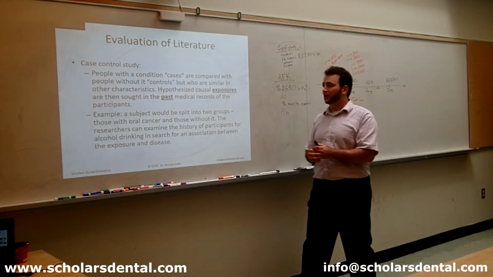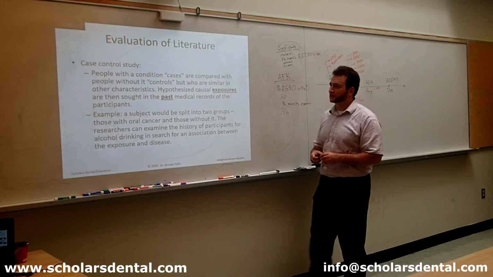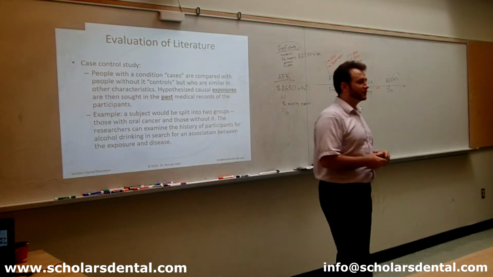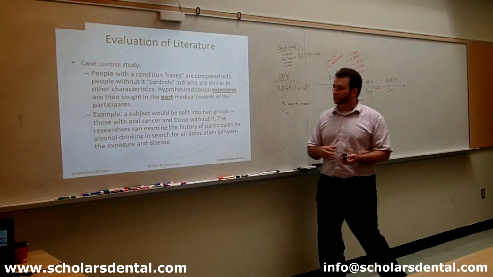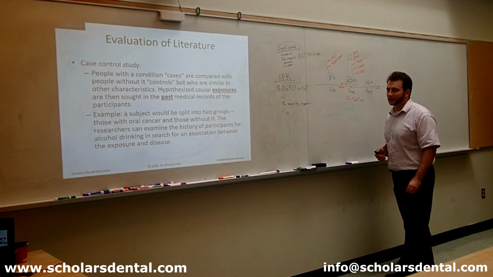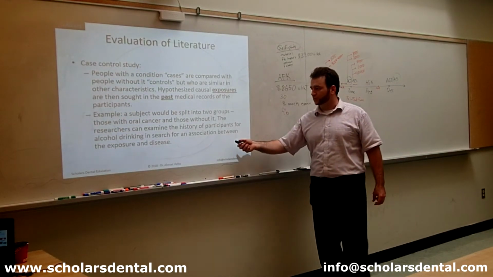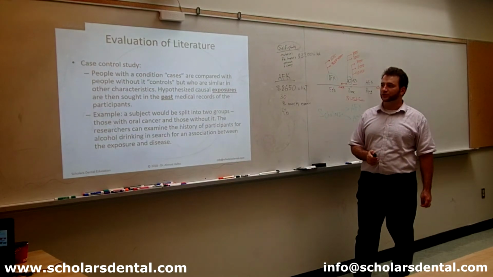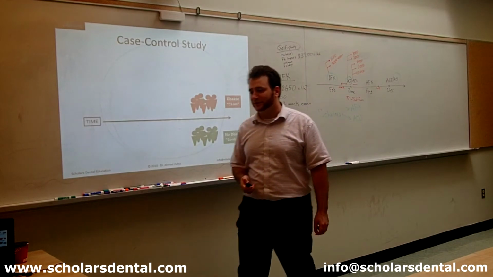So you guess causal exposures are sought in the past medical records of the participants. Okay. Did anyone understand anything there? Example, a subject who would be split into two groups, those with oral cancer and those without it. The researchers can examine the history of participants for alcohol drinking and search for an association between the exposure and the disease. Okay, so let's look at what that means.